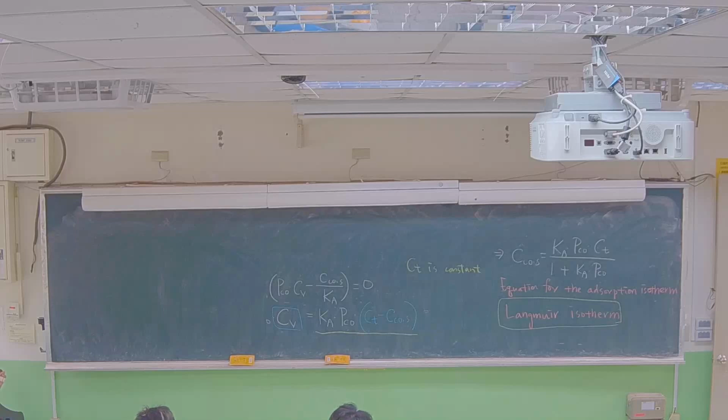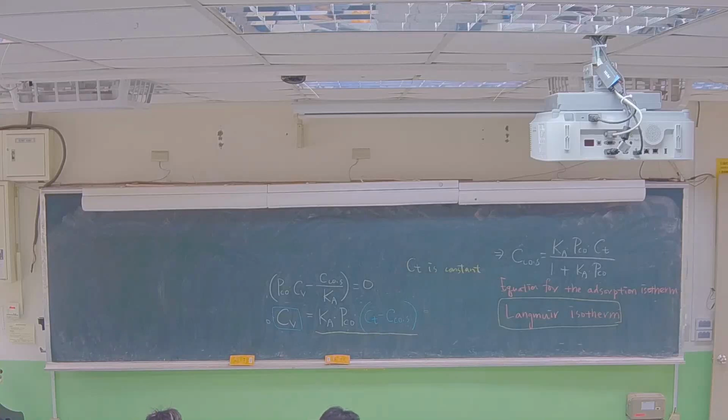Okay, so we know the rate of attachment and the rate of detachment. We know these two different ways of reaction, and we sum up these two, we get the rate of adsorption. In the first equation for the adsorption rate, there is still one unknown concentration. Which one? CV, right?